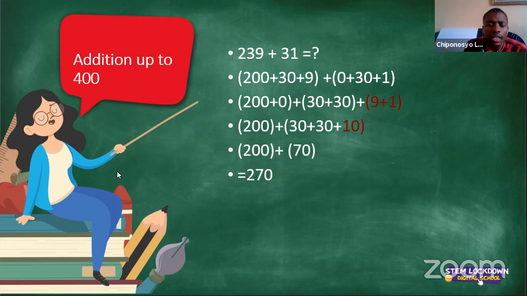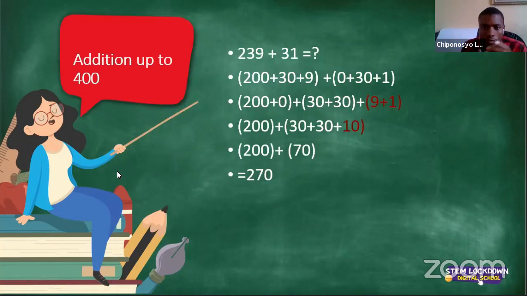Next number is 31. Since there are no hundreds, we're going to say 0 plus 30 plus 1. Now we go to the next step. We're adding the hundreds together first, then the tens together, then the units together.